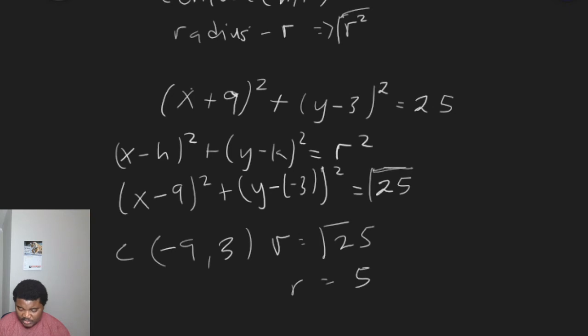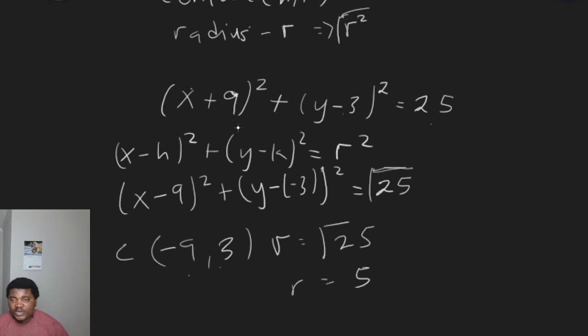Let's look at something over here. We saw that the only thing we did was, this was a positive 9 and then we made it a negative 9. This was a negative 3 and then we made it a positive 3, and then we found the square root of the 25 and then it was 5.